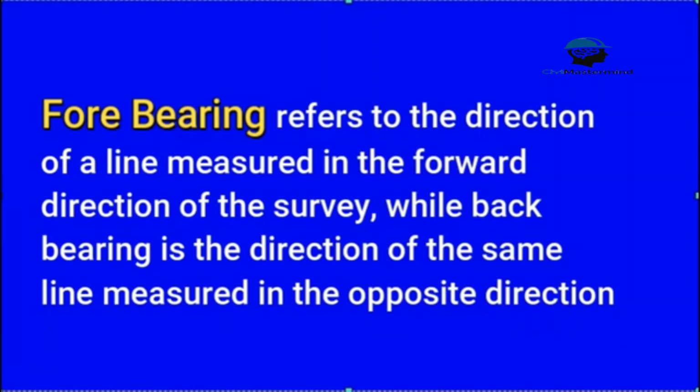Hello everybody, I'm beginning with the prismatic compass, and the topic I'm going to take is taking out the fore bearing and the back bearing, and we are going to even calculate it.